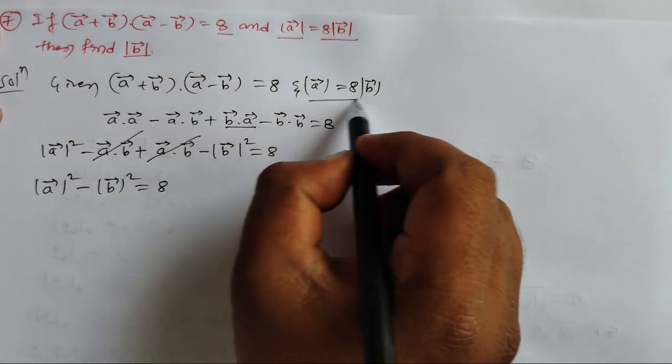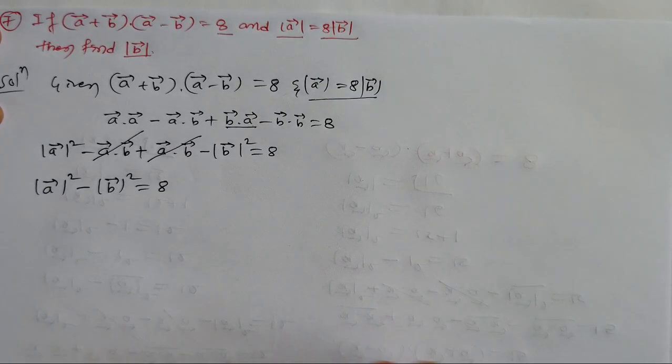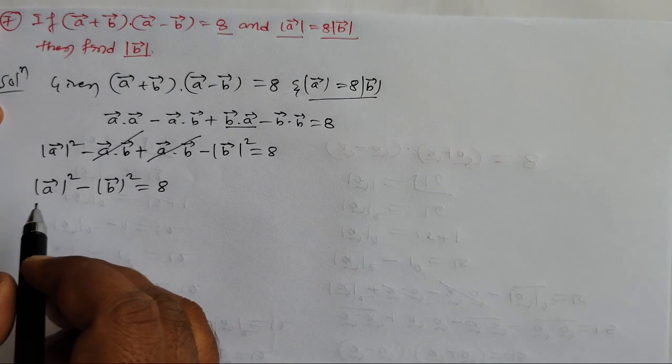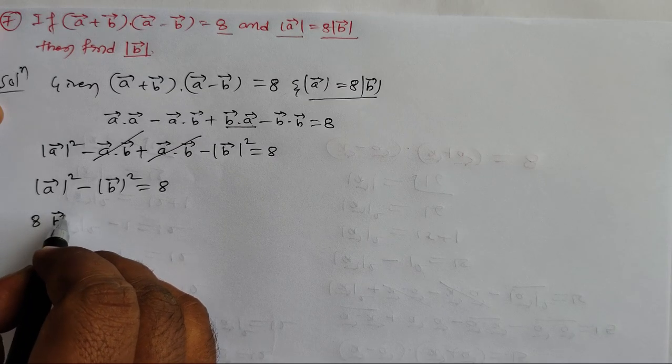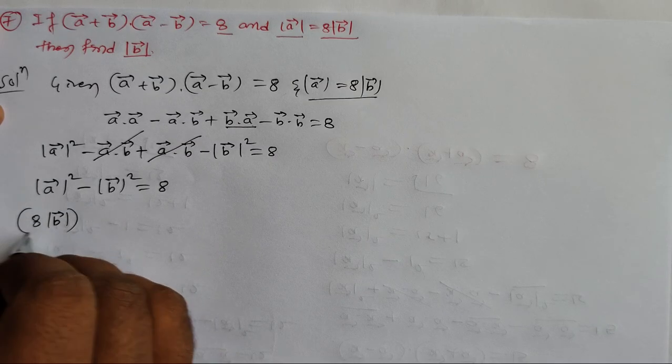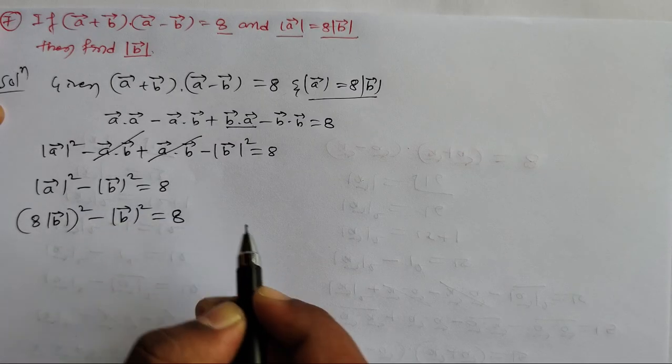Okay, replace this value. Magnitude of a vector is equal to 8 into b vector, so replace that value: 8 into magnitude of b, square, minus magnitude of b whole square is equal to 8.